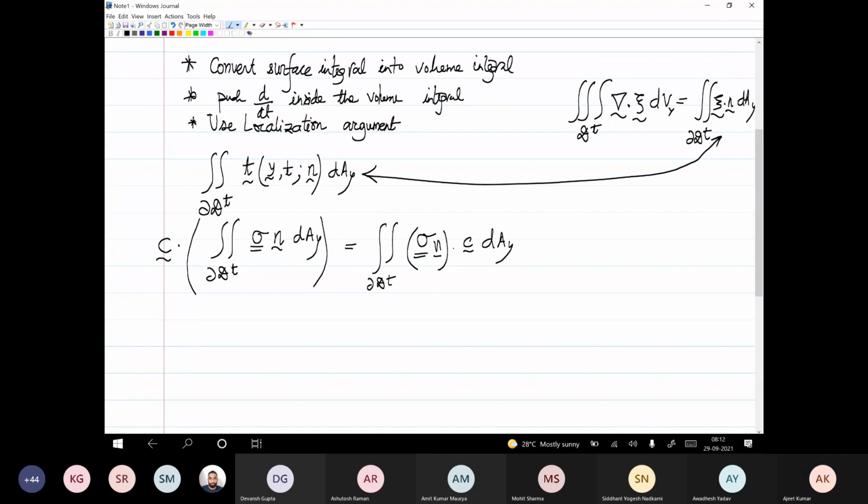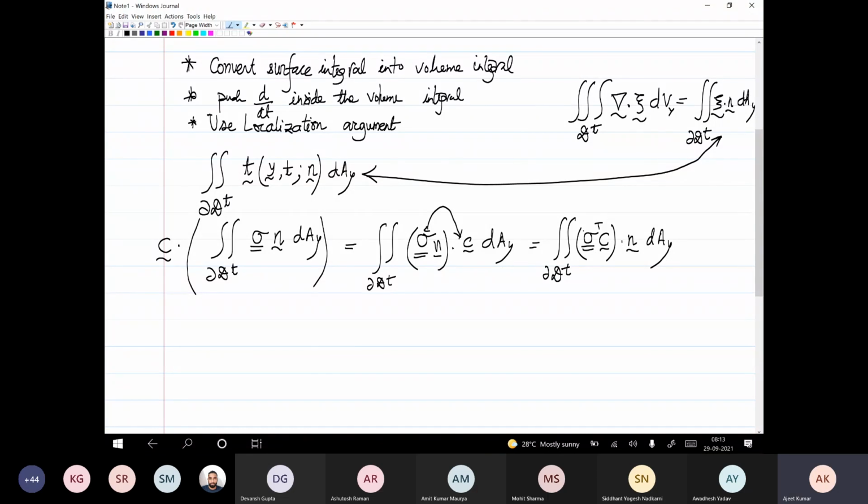Okay, and we can further write it as the integral over del dt of sigma transpose c dot n da. Can you do that? Because you see, the second order tensor, when you bring it to the other side of the dot product, becomes a transpose, right? So that is what we have here.